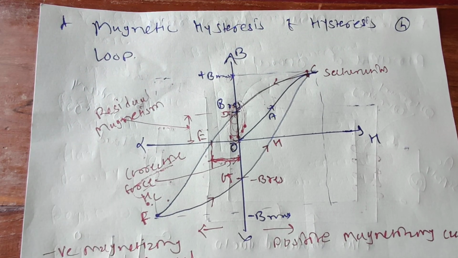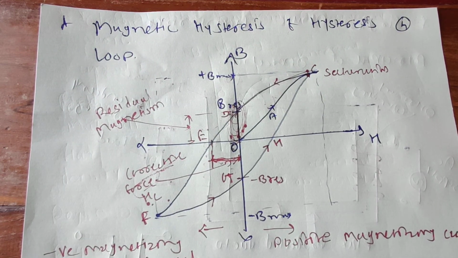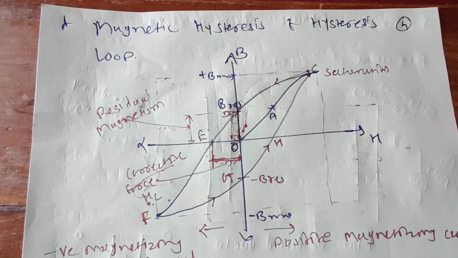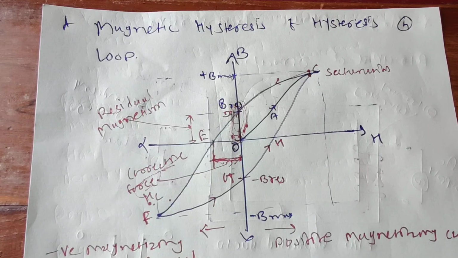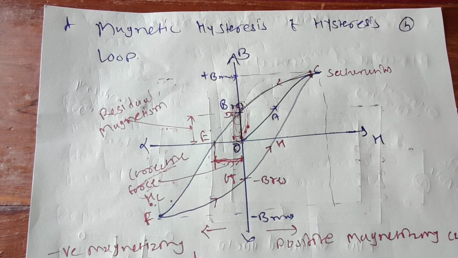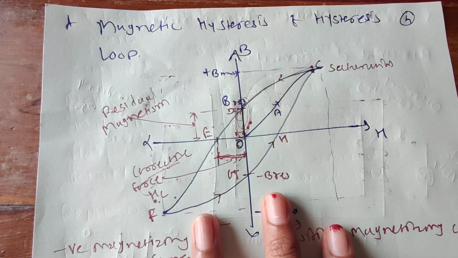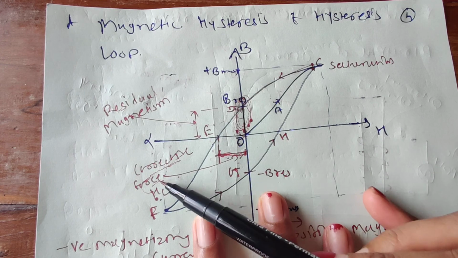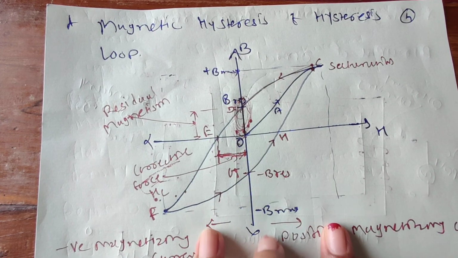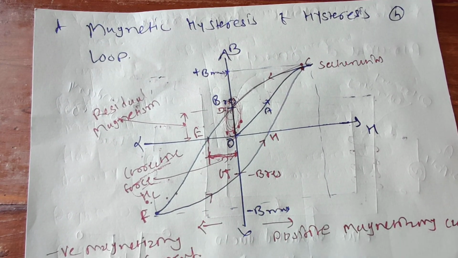The saturation value of flux density, B saturation, depends on the chemical constitution and the temperature, and it does not depend on the imperfections. This is all about magnetic hysteresis, the hysteresis curve, the residual flux and the coercive force. They may ask you for a definition or from the theory point of view.